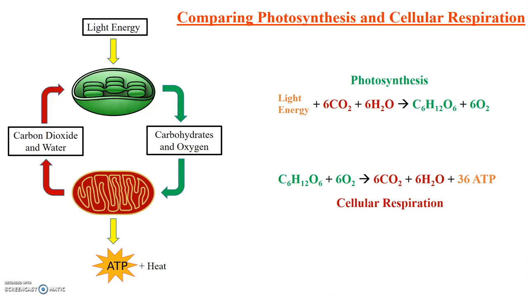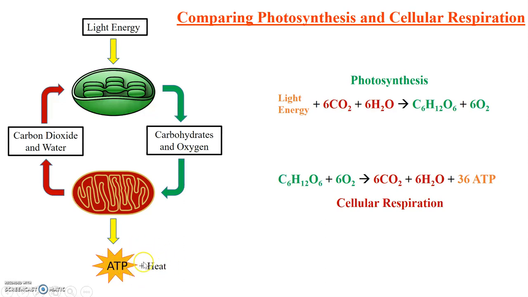And so what we see, just to go over this, we have light energy that enters the chloroplast. That light energy is used through a series of reactions to produce carbohydrates, and it releases oxygen as a byproduct. These carbohydrates and oxygen, the one that we talked a lot about in the cellular respiration video was glucose, go into the mitochondria, and through a series of reactions, they're used to produce ATP for the cell, making that molecule for cellular energy.